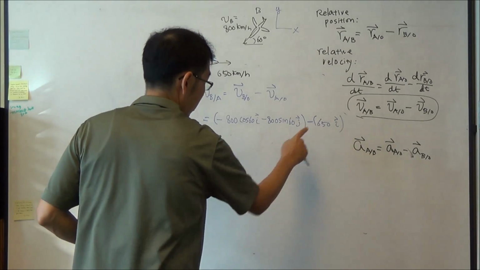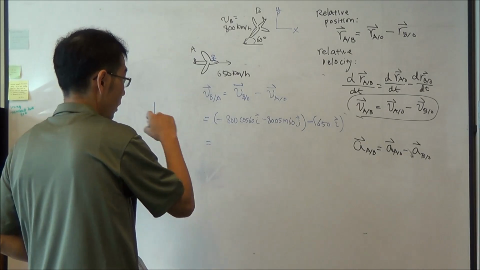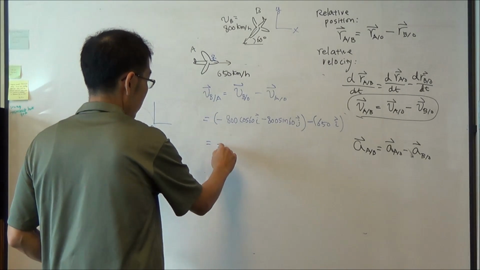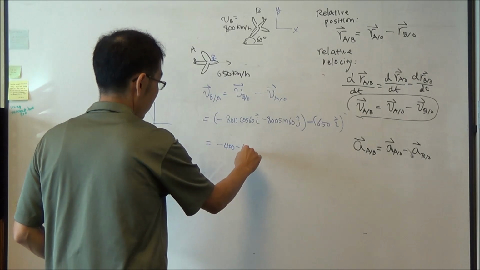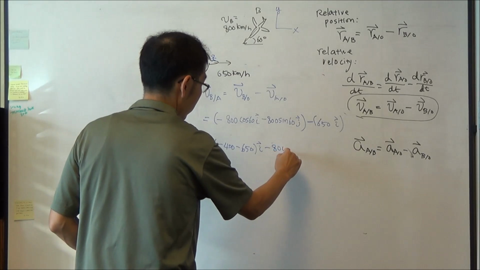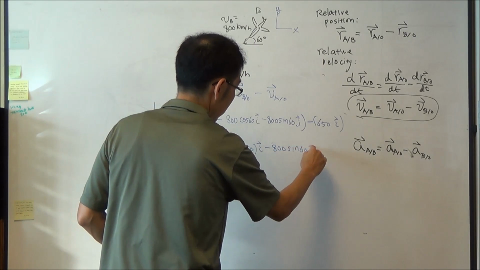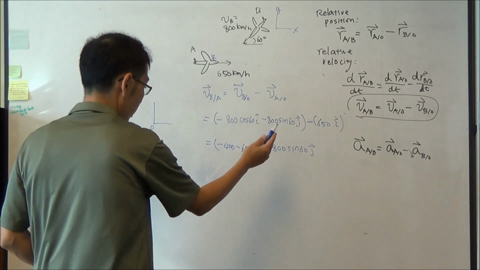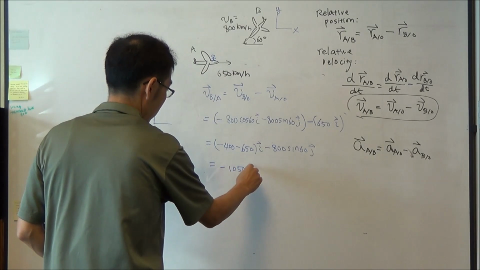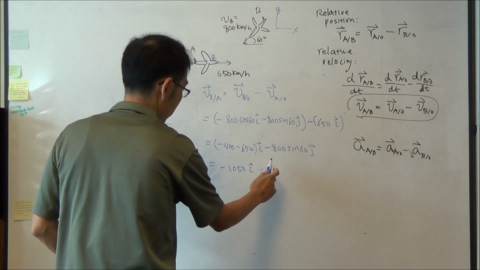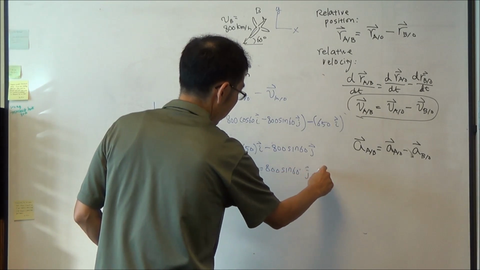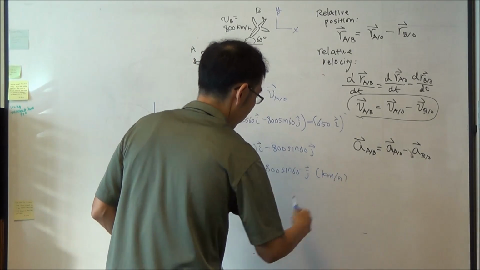Cosine 60 is 1 over 2, so this is minus 400 minus 650 i, and 800 sine 60 j. So that's it. That's the answer: minus 1050 i minus 800 sine 60 j kilometers per hour.